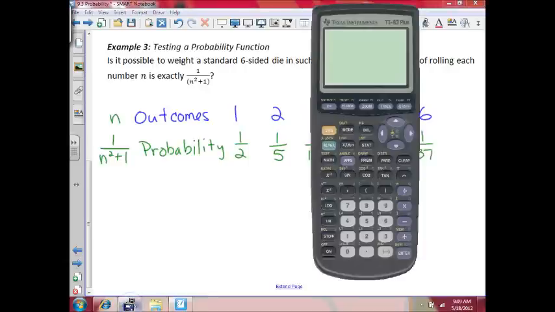If you add all these numbers up, you get about 0.924.